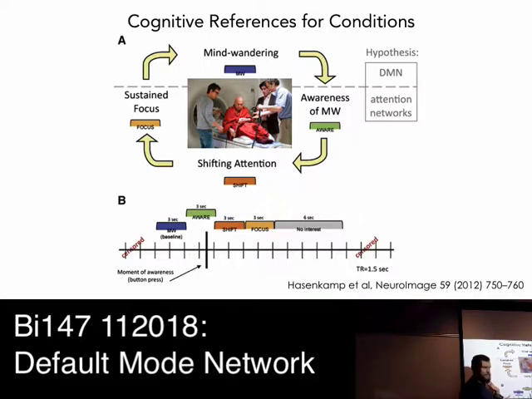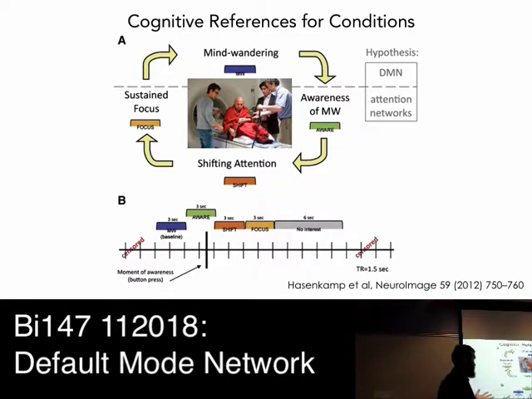Then for shifting, they look at the next 3 seconds and call that the shift as attention moves back. Then they take the next 3 seconds and call that focus. Whatever happens after that, they're not interested in. So it's just 3-second blocks around that event of going from mind wandering into focusing.